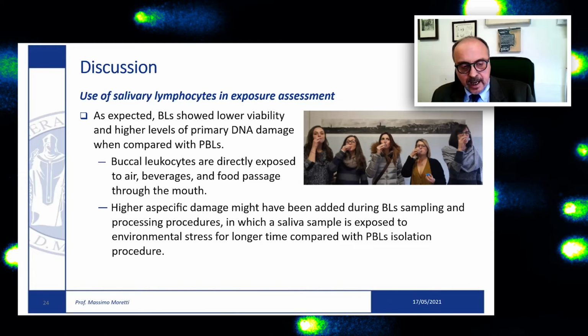And furthermore, the higher aspecific damage that we have observed in the COMET assay may be due to the procedures in which saliva samples are exposed to environmental stress, for example, mouthwash for a longer time compared with peripheral blood lymphocytes isolation.